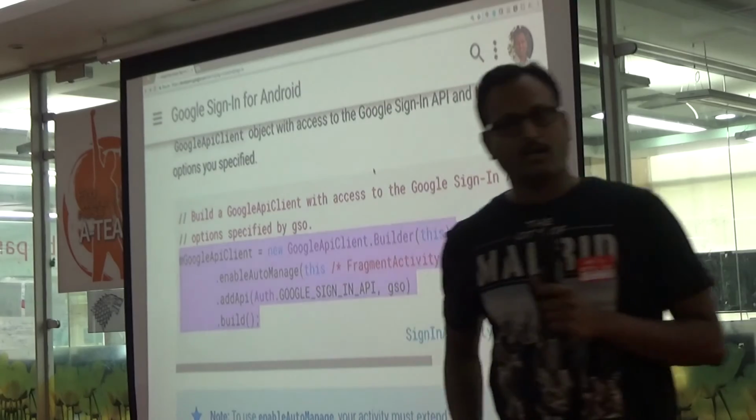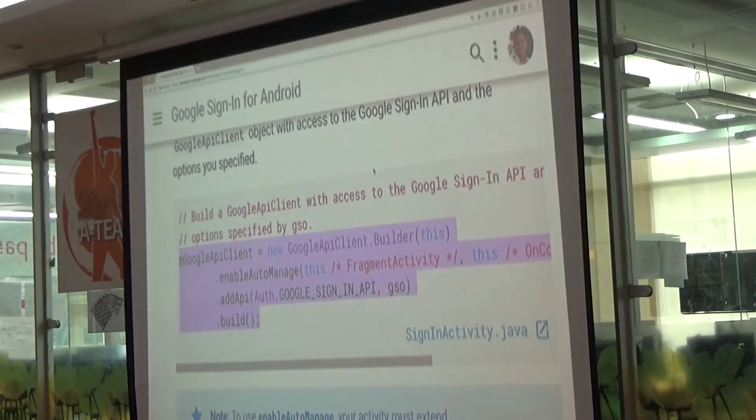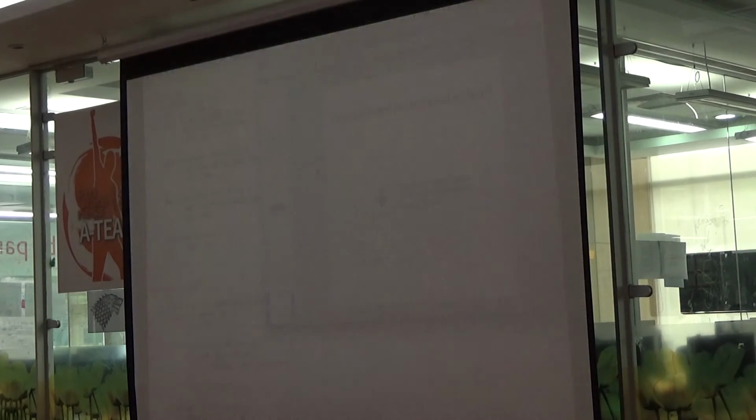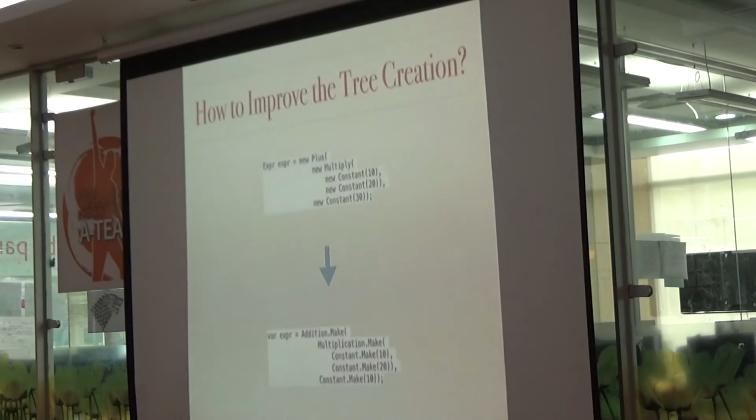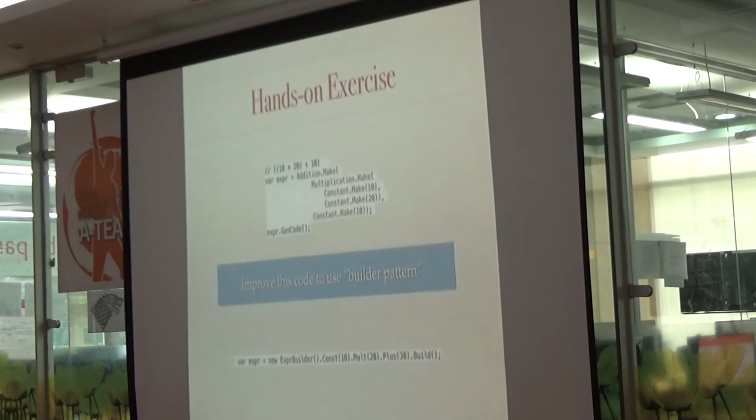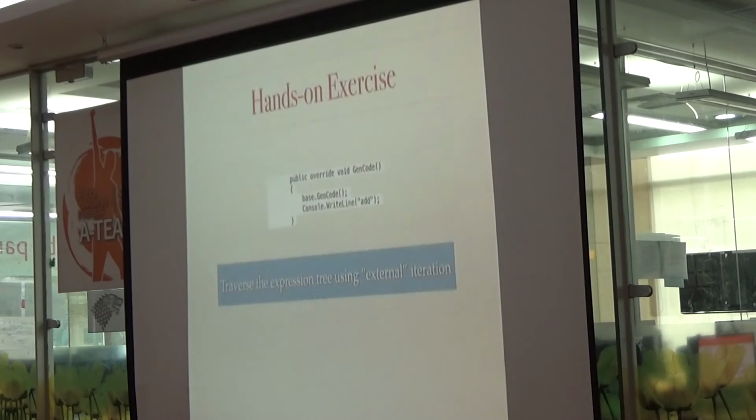Right? So, I have more things to cover. Maybe I'll just mention what my plan was to cover. This is how we can go ahead with using factory methods, prototype pattern, builders.